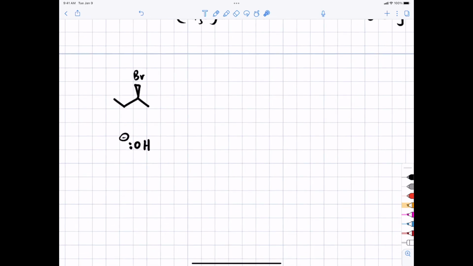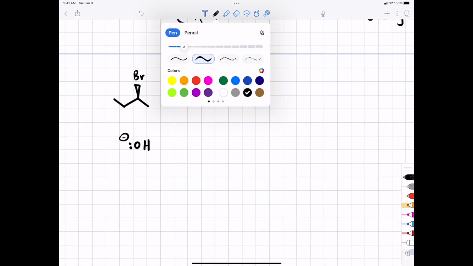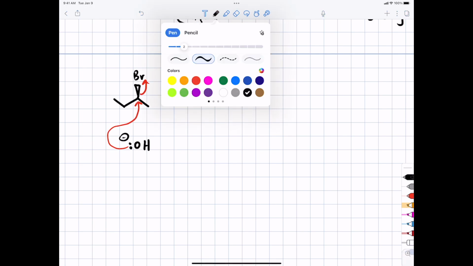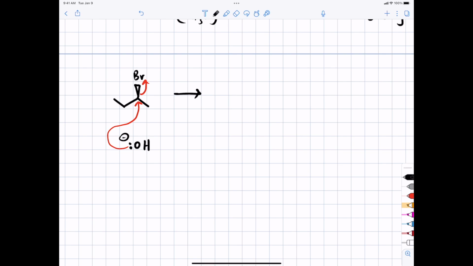So you might envision, and we could just draw, something like this. But the question is, which of the two products do we get?